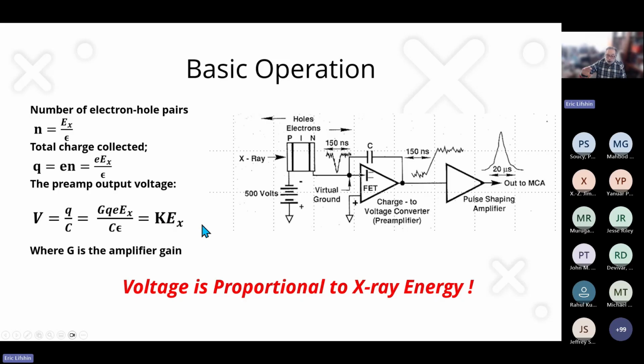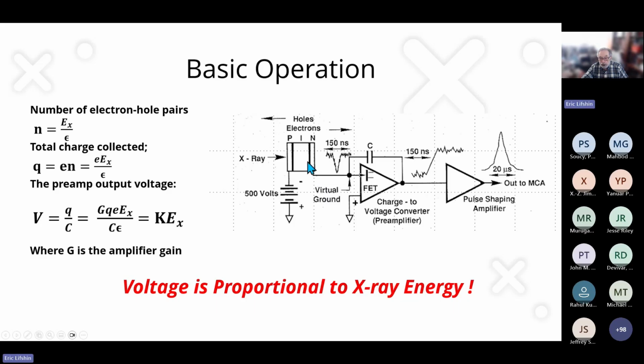And I can change that constant by changing the gain of the amplifier. So when you're aligning one of these things, calibrating it, you might put in two different elements, or take copper K and copper L, and do a little bit of adjusting of the gain and maybe an offset to get your system calibrated.